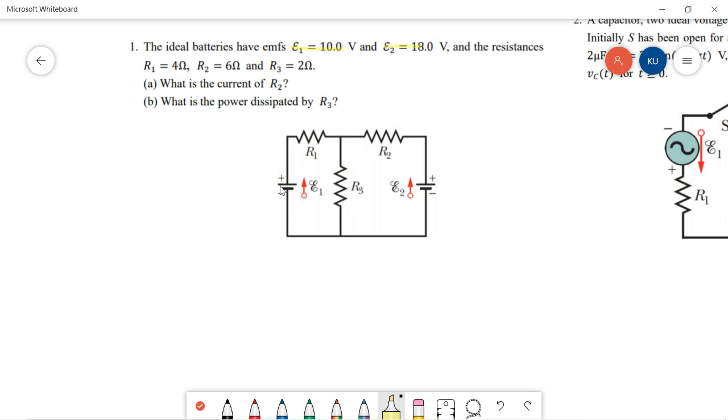So this is E1, this is E2. And the resistances R1, R2, R3 are given. What is the current of R2? And what is the power dissipated by R3? So this is a very simple problem.